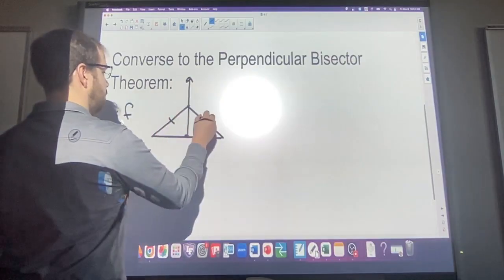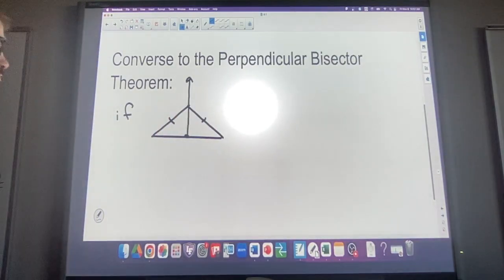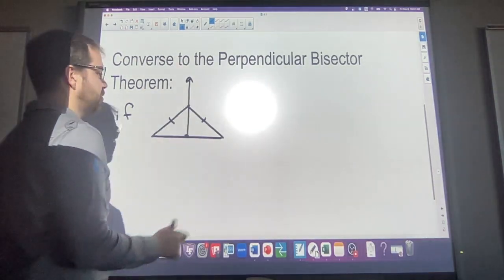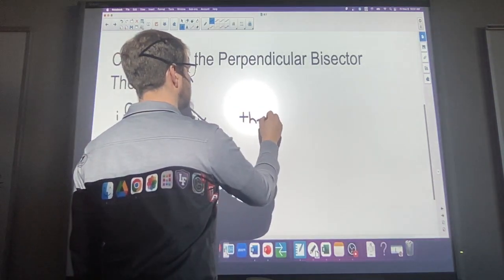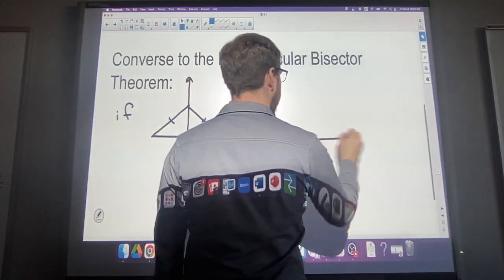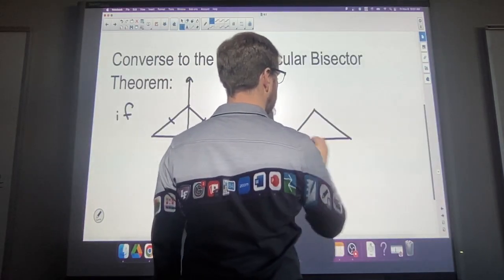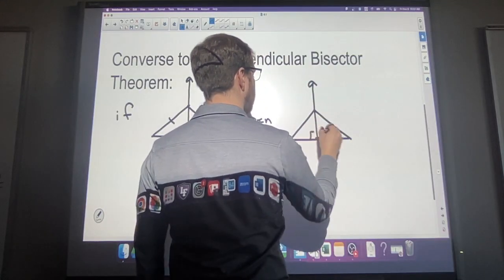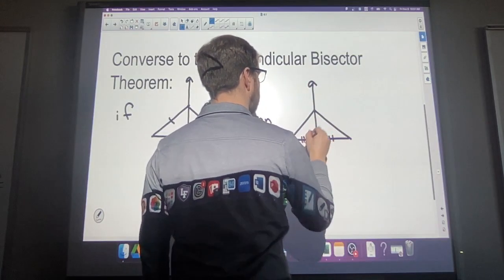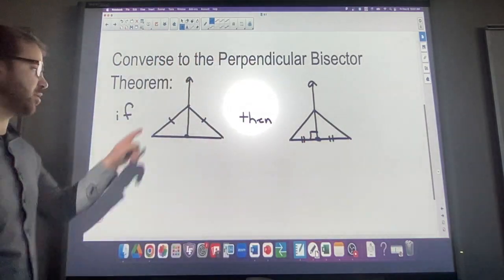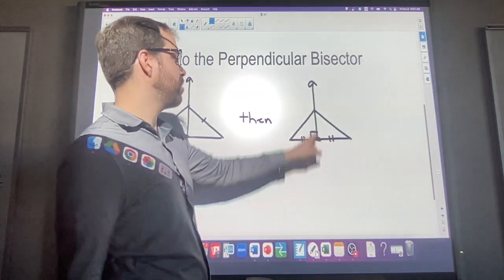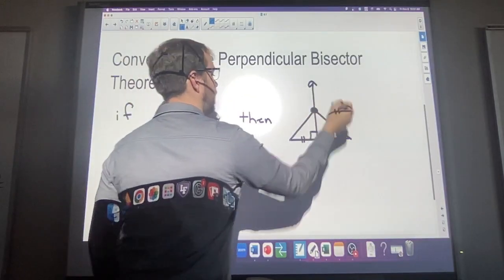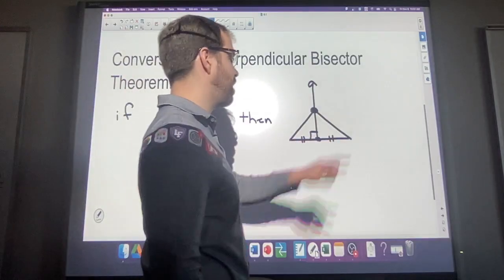So if we have an isosceles triangle, and we have a ray going through it, then it must be the case that that has to be a perpendicular bisector. So it must be true that this is a perpendicular bisector opposite. If it's isosceles, then that ray going through this point here has to be a perpendicular bisector, cutting it in half and making a 90-degree angle.